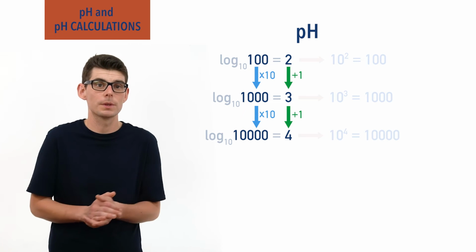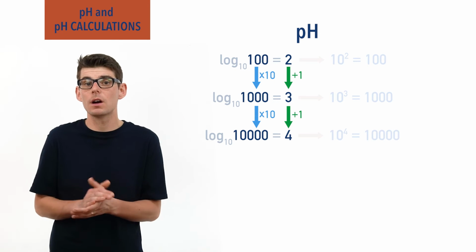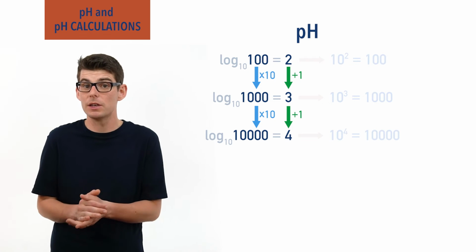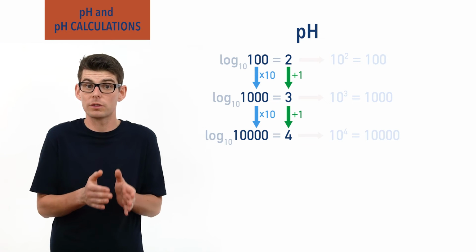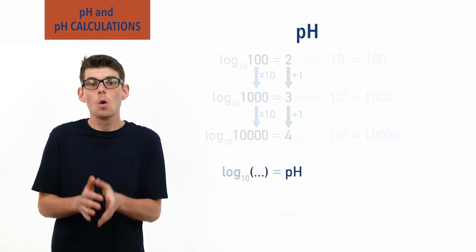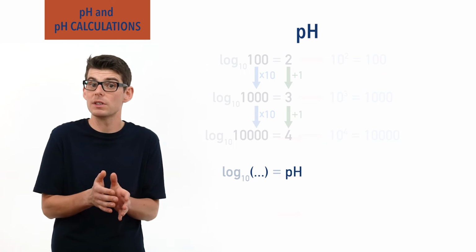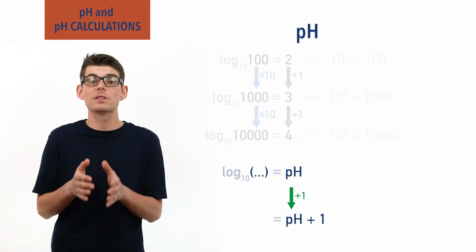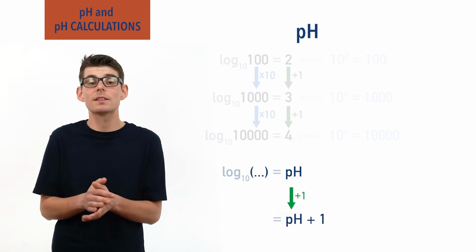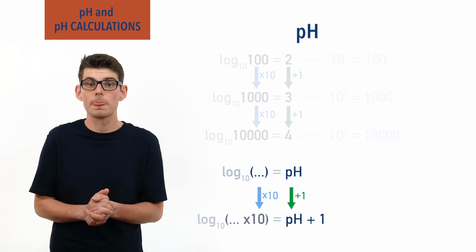If we say the answer to the log function is pH, so pH equals log to the base 10 something, we just said that when the answer to log to the base 10 something increases by 1, that means the something in the expression is getting 10 times bigger.